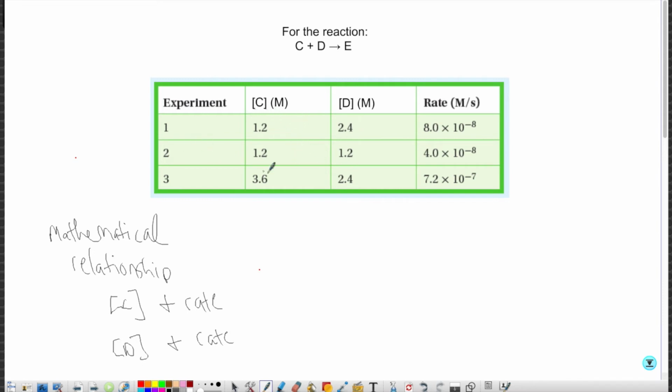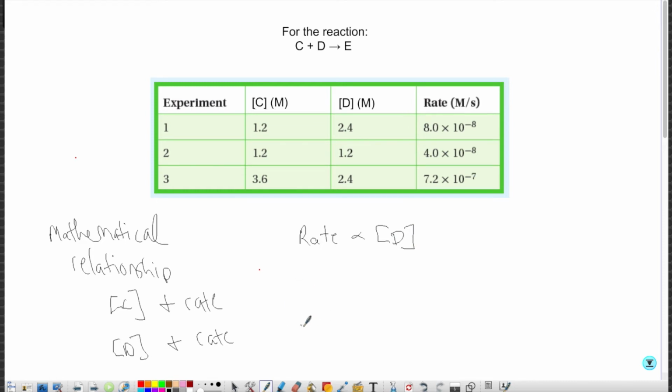And so that's 1 and 2. If I double the concentration of D, I also double the rate, which to me would say that rate is directly proportional to the concentration of D. All right, that makes sense, right?